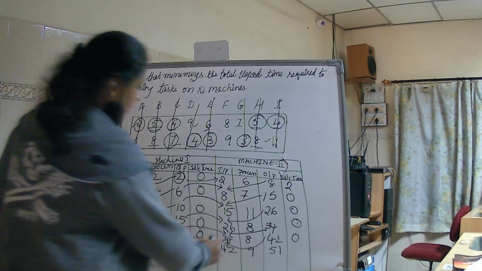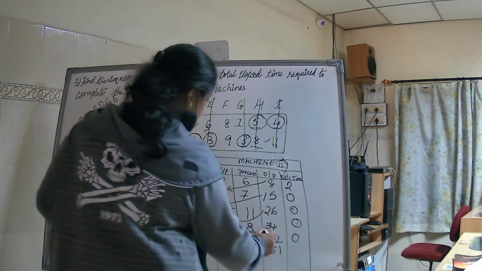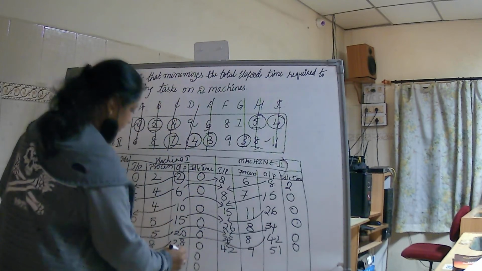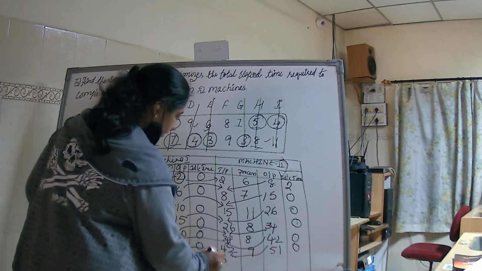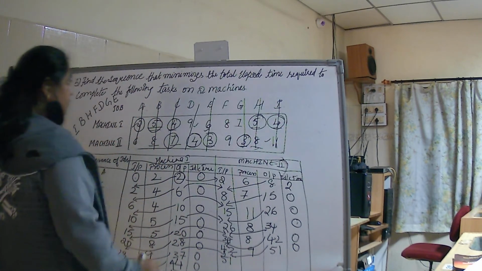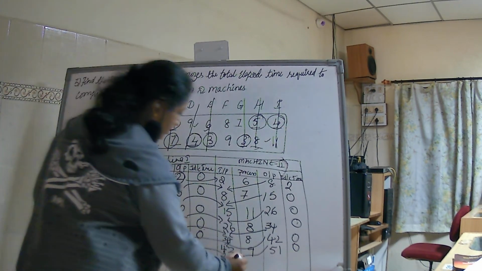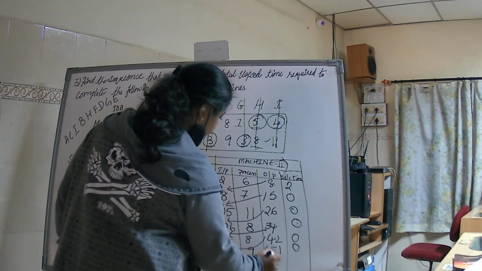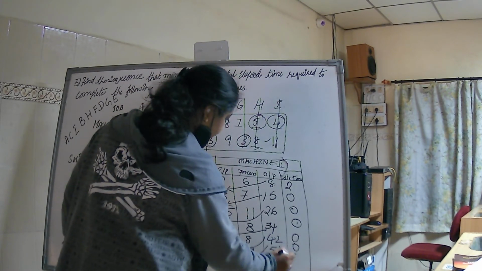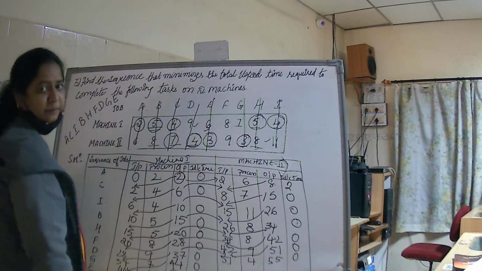So the idle again will be 0. 42 minus 42, 0. Then here it is 37, 51. 51 is the highest. Process value for B, machine 2, is 4. So when you sum up, it becomes 55. Idle is 51 minus 51, 0 students.